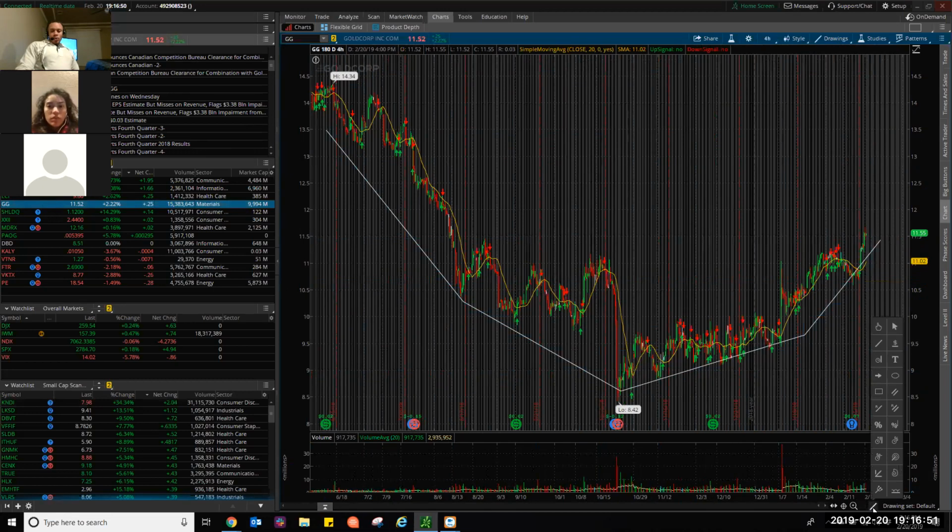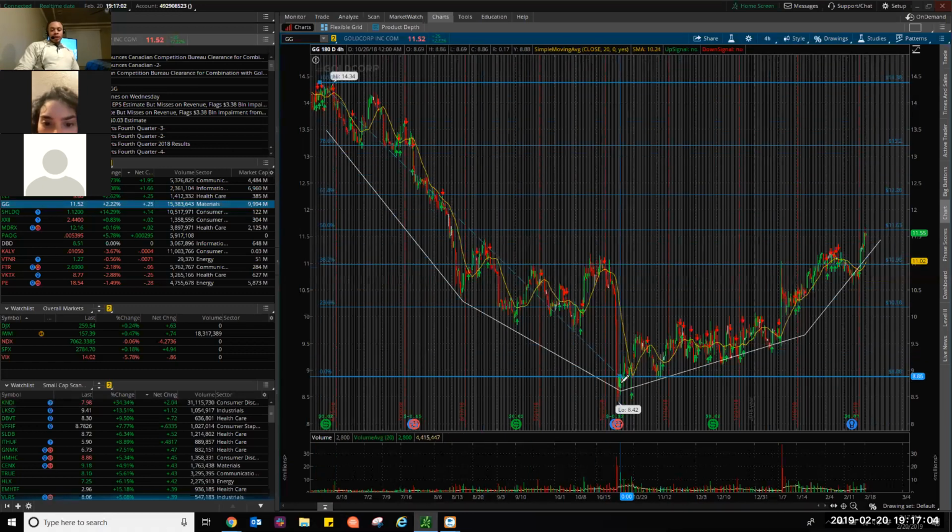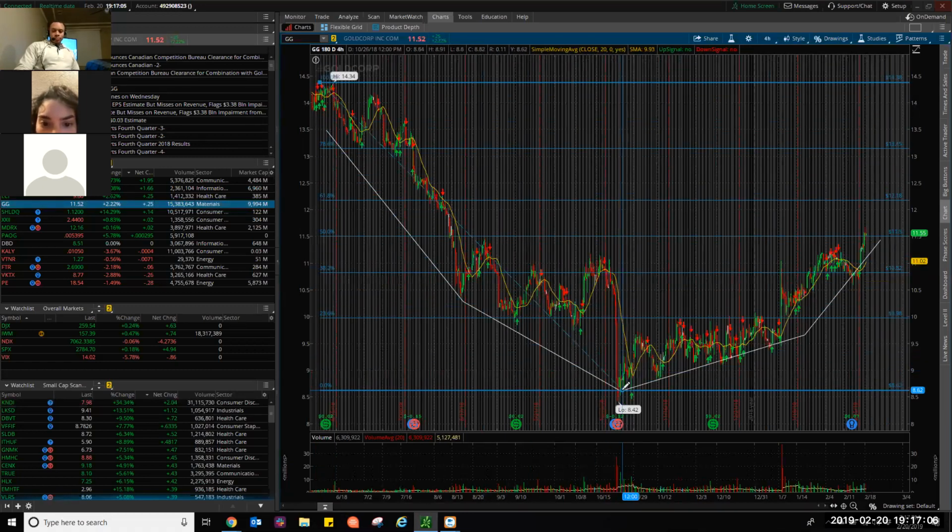One thing I was gonna discuss with y'all, I keep getting requests about this tool. It's the Fibonacci. The Fibonacci retracement can help you see where to buy. Basically, my rule of thumb is to buy somewhere above 23%.